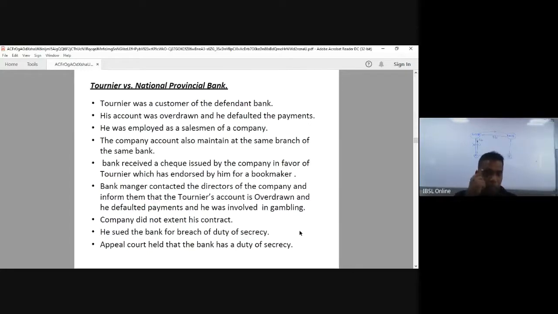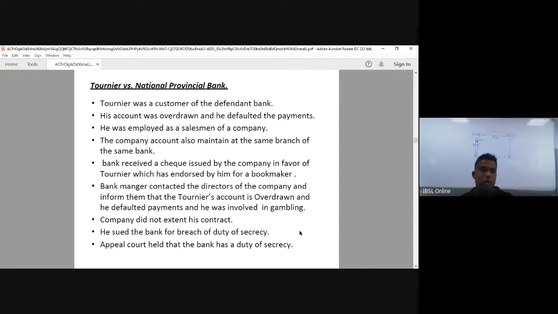Now, when it comes to the duty of secrecy, there is a very important case. When we discuss the facts of the case, you will really understand what the duty of secrecy actually means.